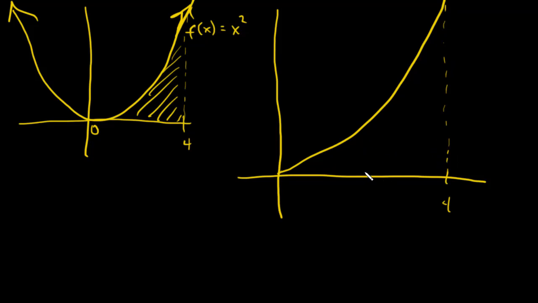I am going to divide this into 4 intervals. Isn't that nice? And I'm going to draw rectangles, so I can figure out what the area of a rectangle is.